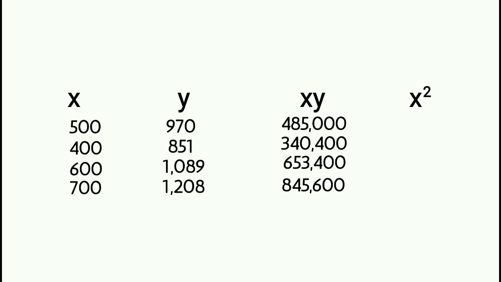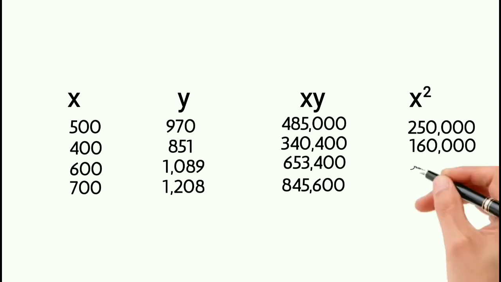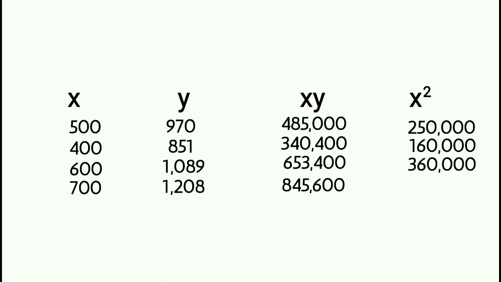Next, X raised to the power of 2. 500 times 500, that is equal to 250,000. Next, 400 times 400, that is equal to 160,000. Next, 600 times 600, that is equal to 360,000. And 700 times 700, that is equal to 490,000 pesos.